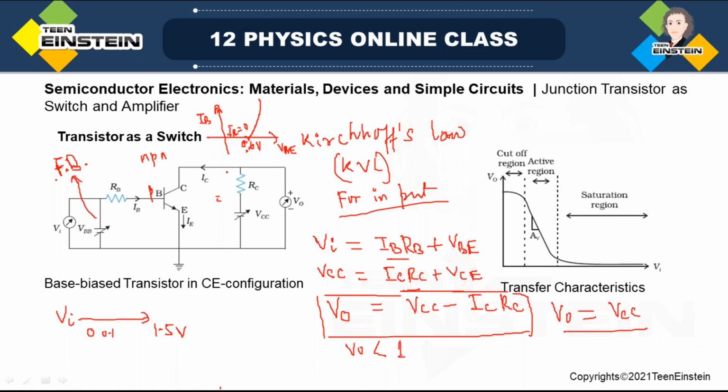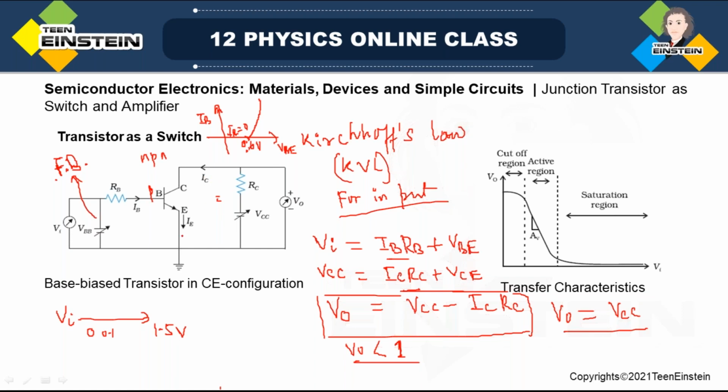Now in this case the collector-emitter junction was at reverse bias. But when IC increases gradually because of VI increasing, then at one time the output voltage will be below 1, and at that time this transistor will be in the saturation region.